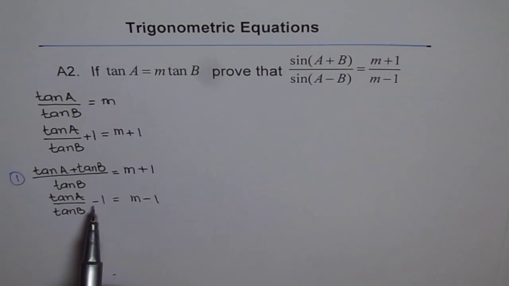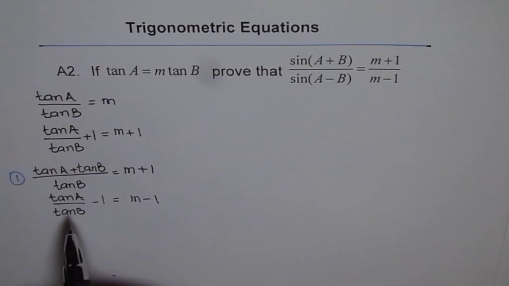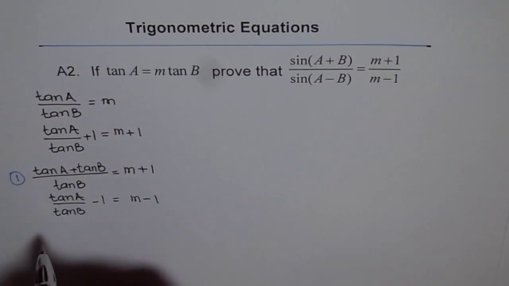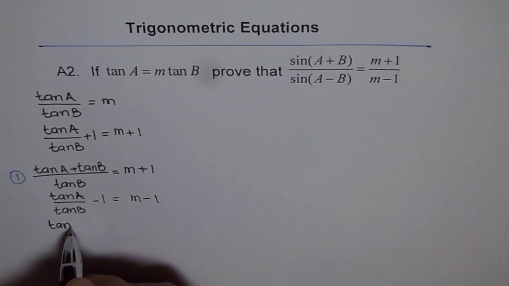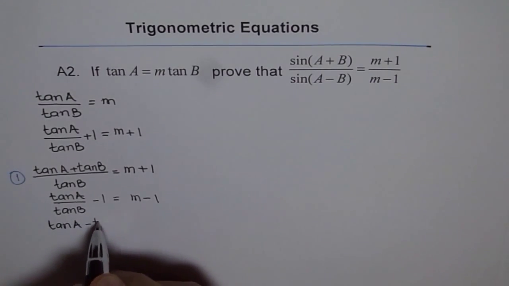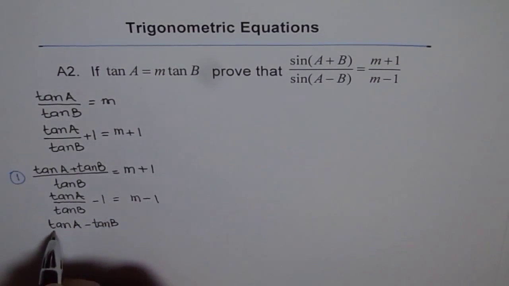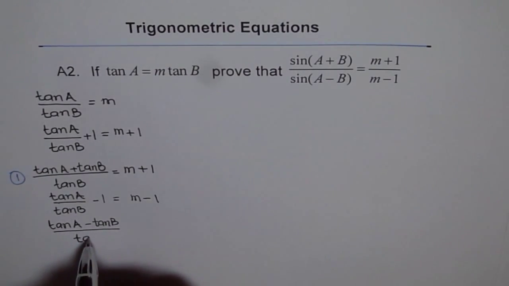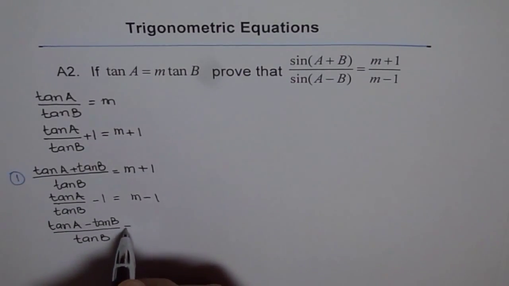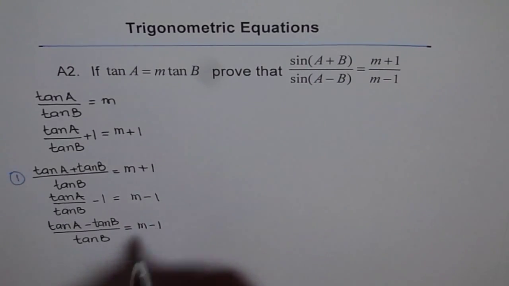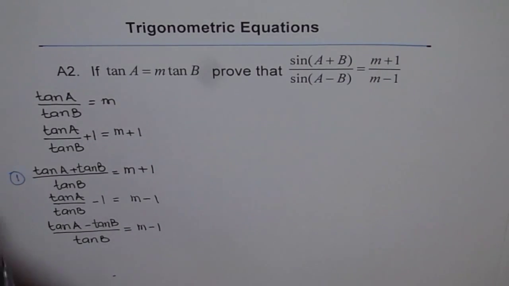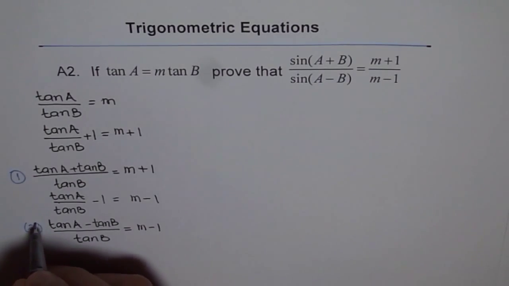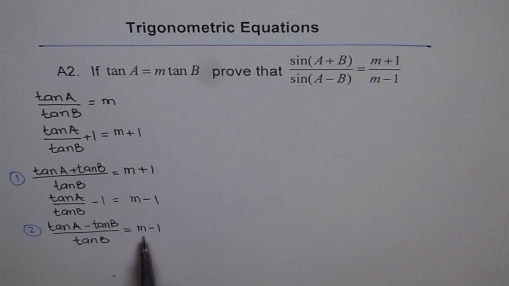Now we are subtracting 1 on both sides. If we do the same thing and take it common, we get tan A minus tan B over tan B equals m minus 1. Do you see that? That's equation 2 for us. So we get our terms m plus 1 and m minus 1 as required, correct?